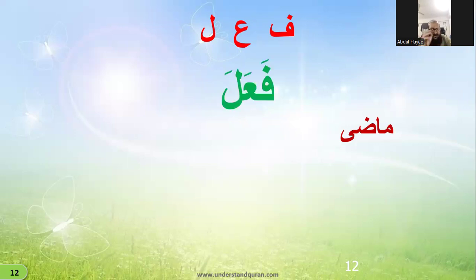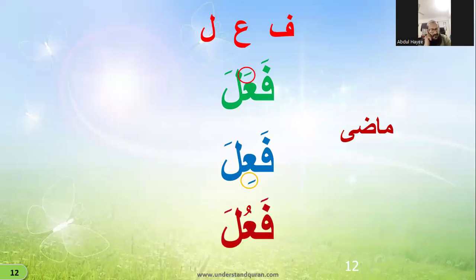In Mazi, the fa and lam may have fatah on all three. At some time, it has the fatah on the first and last, but on the middle letter, it may have a kasra. And sometimes, even if it has fatah on the first and last letter, on the middle letter, it may have the dhamma.